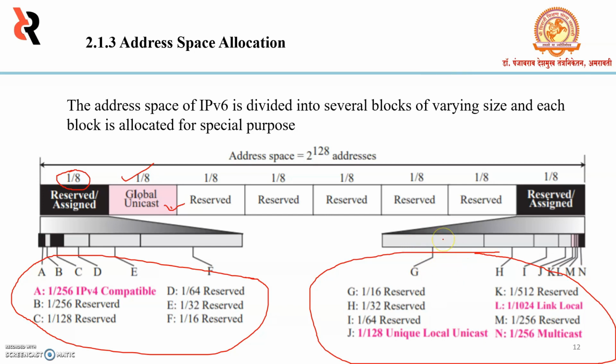This figure shows that more than 5/8 and some reserved are here, and these 3 are also reserved or unassigned. Of the address space is still unassigned. Only 1/8 of the address space is used for unicast communication between the users.